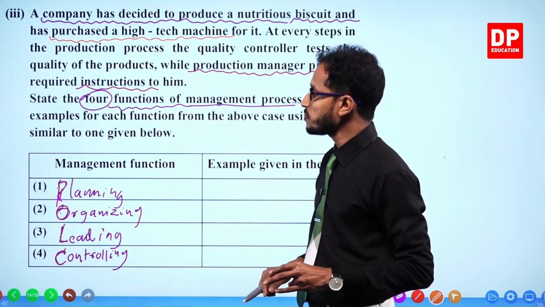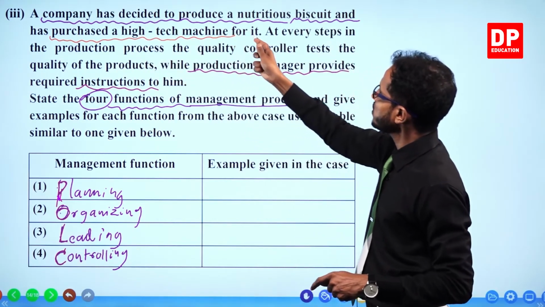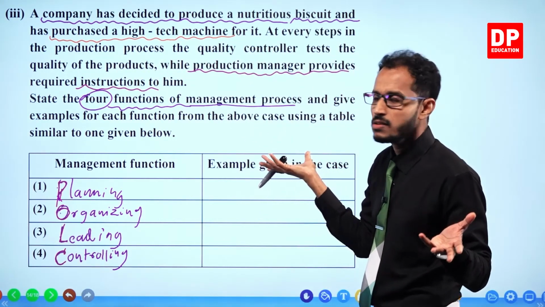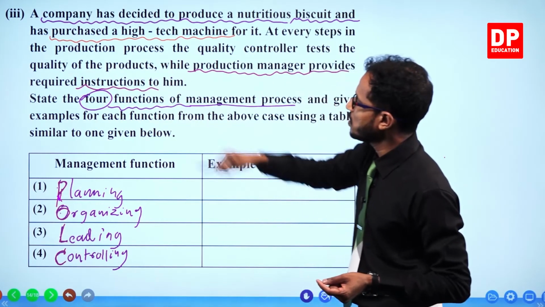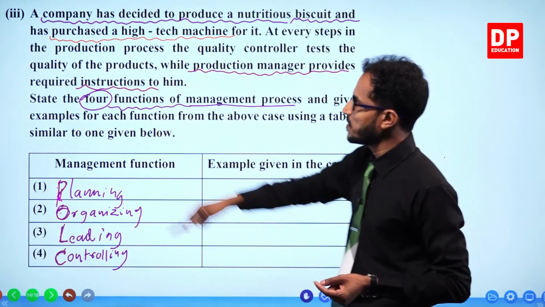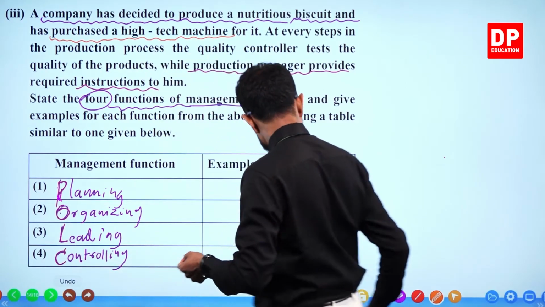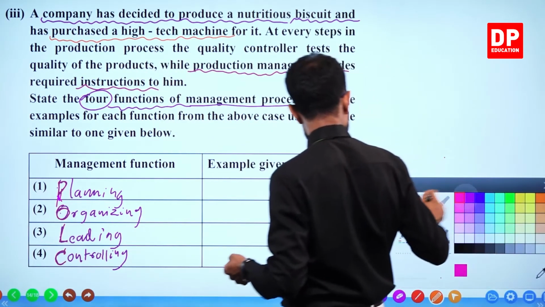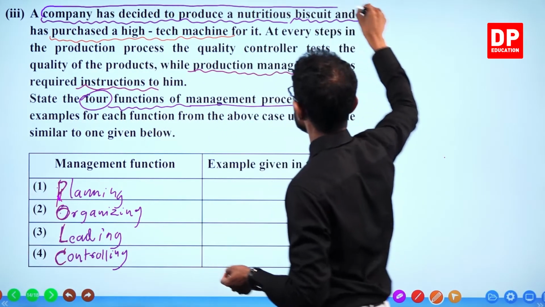Which color have I used for planning? Is it purchased a high-tech machine for it? Or production manager provides instructions to workers? Is that planning? No, this is planning. This is planning, children.